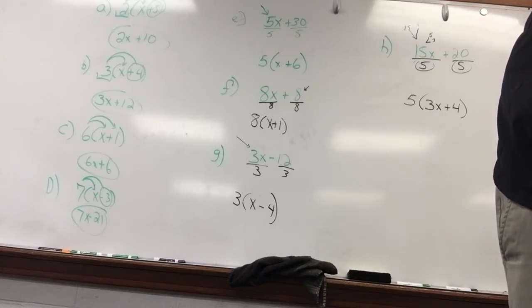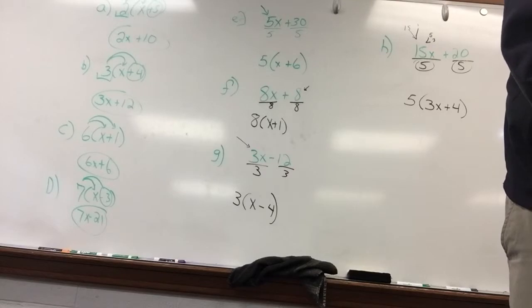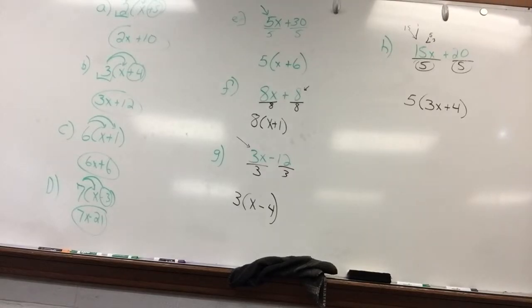How many times? All you've got to do is go 72, up, 9. So what are you going to multiply 8 by to get 72? 8 times what would have given us 72? Okay, so we would have 9t.